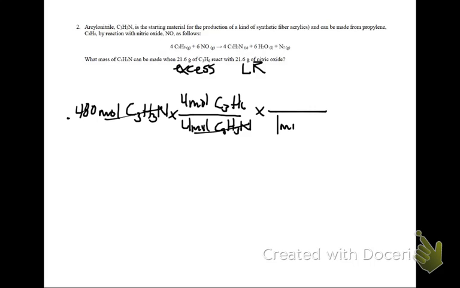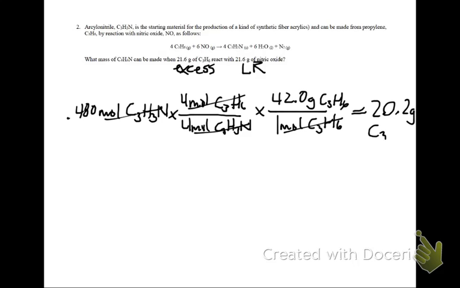And 1 mole of propylene still weighs the same amount that it did before, and that's 42.0 grams. Alright, so if we do this, it's going to tell us how many grams of propylene we actually needed to complete this reaction, and the number we get is 20.2 grams of C3H6.